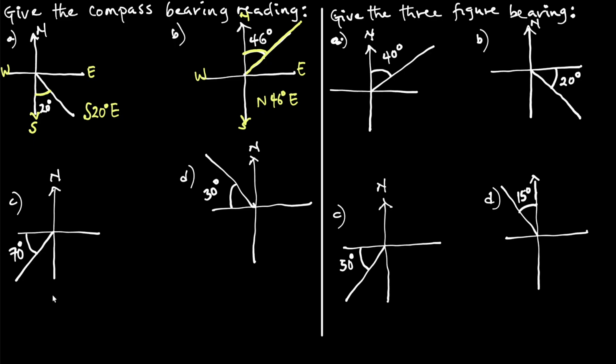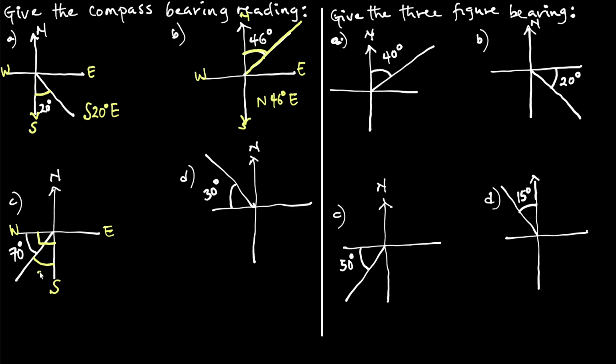Now, in the C part, which is the third question, we have the west, we have the east, and we have the south. So here we can say that the 70 degrees is the angle made with the west-east line, but our angle has to be made with the north-south line. So we have to find out what the angle here is going to be. Remember that the whole of the angle you have between the south and the west is 90 degrees.